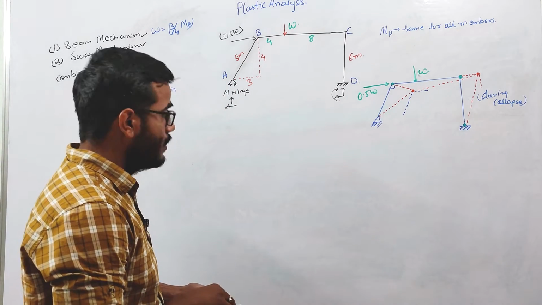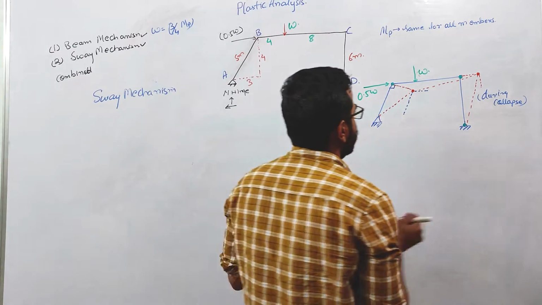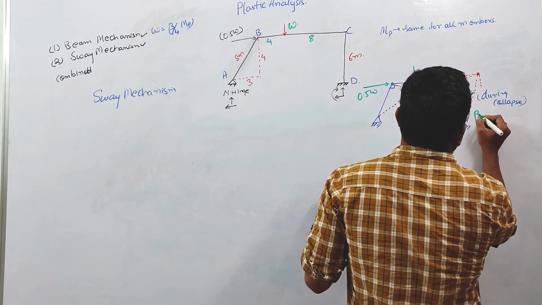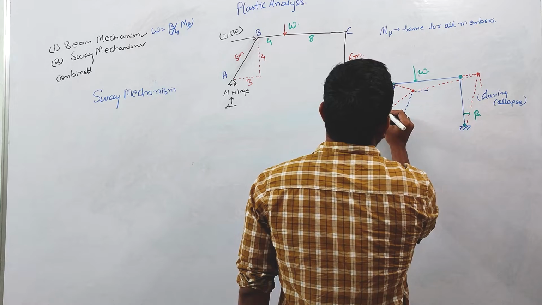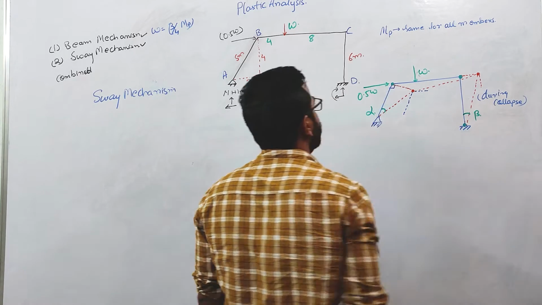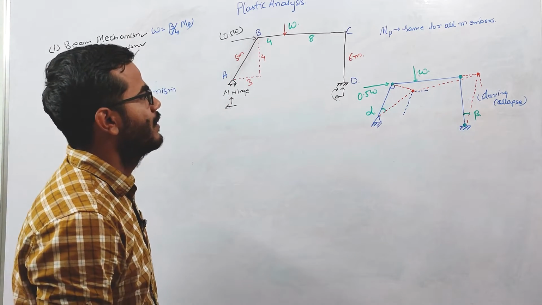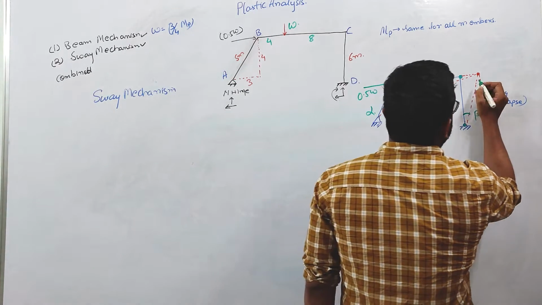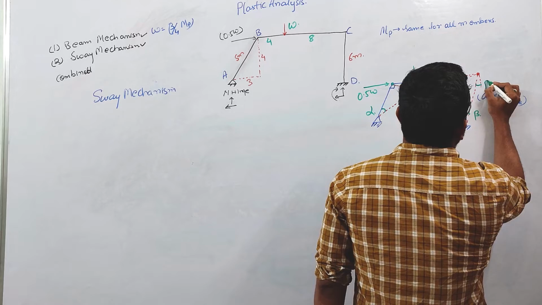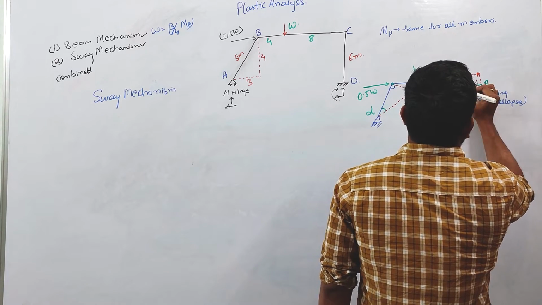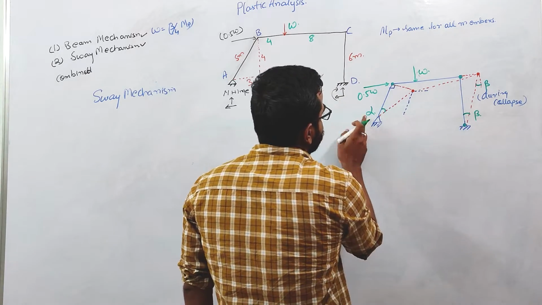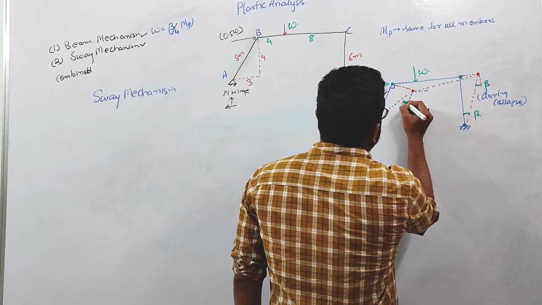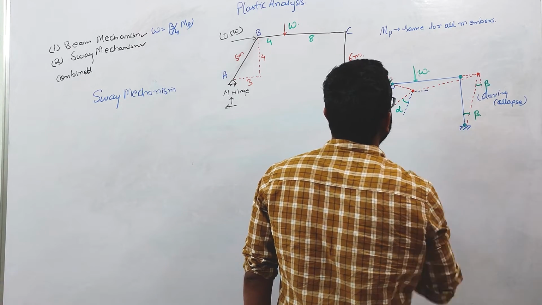Now, let us suppose this angle is beta, and this angle is alpha. So this angle is beta, and this angle will also be beta, alternate angles, since this is parallel to this axis. If this angle is alpha, this angle will also be alpha.